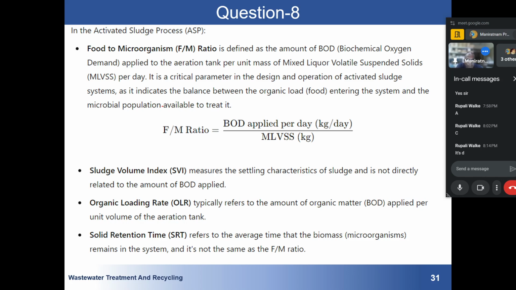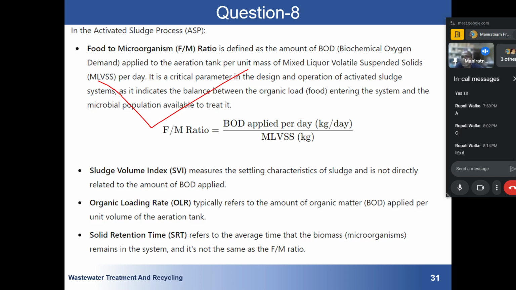So see, we should always have an idea of what the microbial population is in our activated sludge process, and depending upon the population of microbes, we should add that much organic matter.